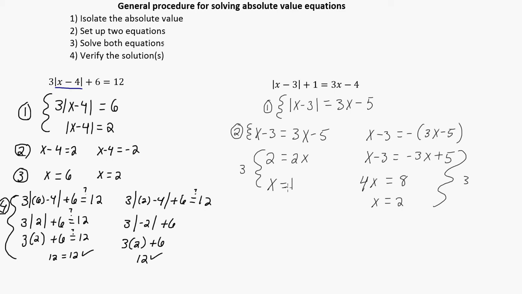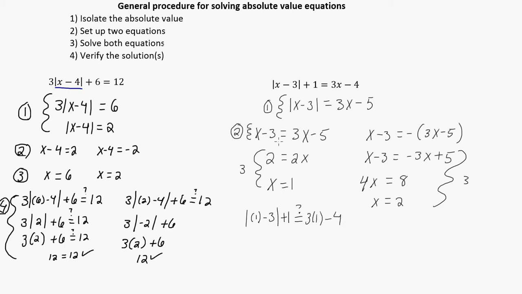So let's start with x equals 1. I'm on step 4, verify the solution: the absolute value of 1 minus 3, plus 1, equals, hopefully, 3 times 1 minus 4.